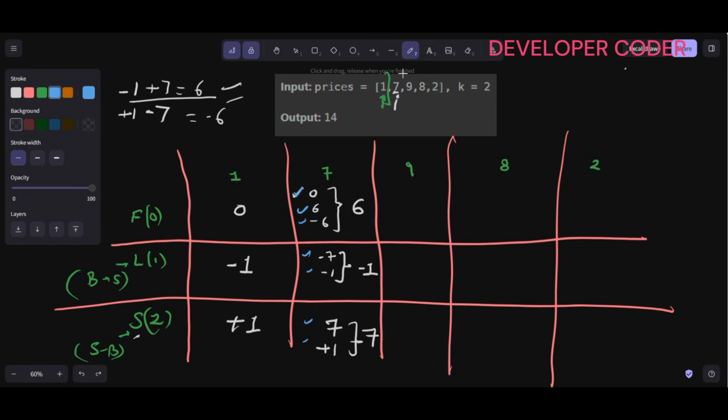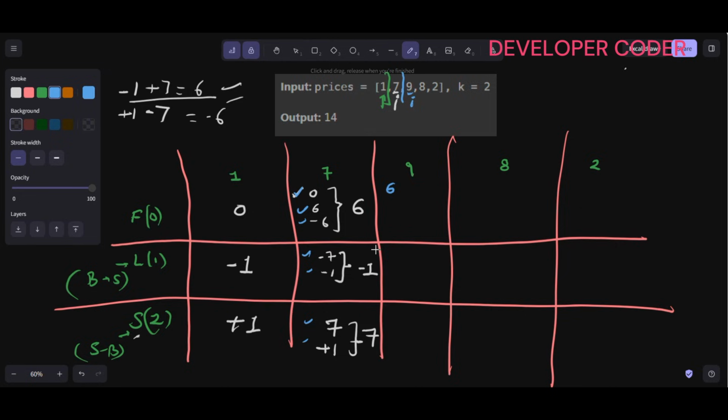Now next time I am here, okay, let's say I am here. Now here I remain in the flat state. See how I can remain in the flat state. From here if I get 6, then I can remain in the flat state. Or here this is long.